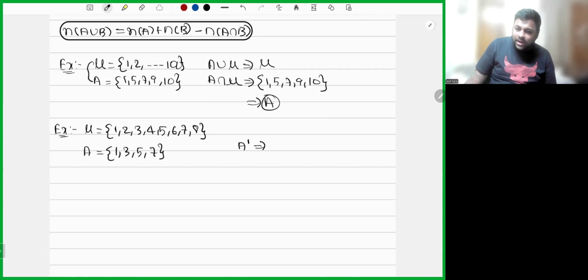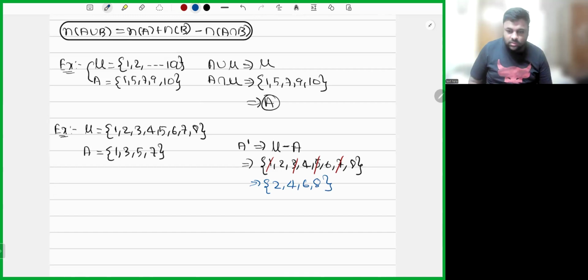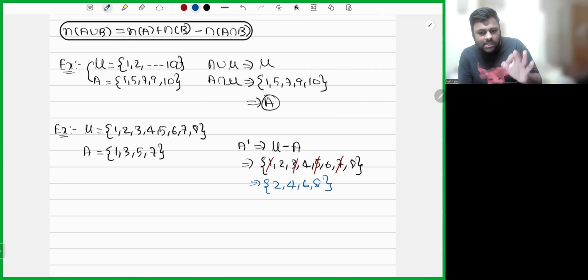A complement means other than set A. Other than set A means you will do universal set minus set A. From universal set you will remove A. So 1, 2, 3, 4, 5, 6, 7, 8. Now remove the A elements, 1, 3, 5, 7. What are left? 2, 4, 6, 8.